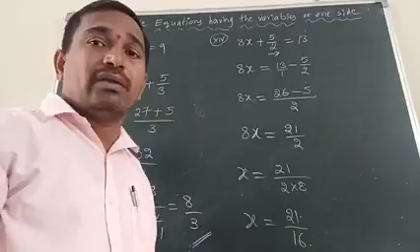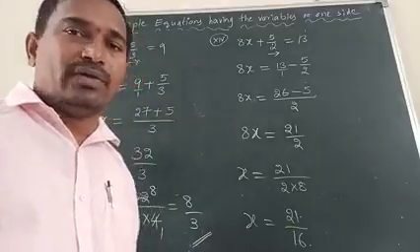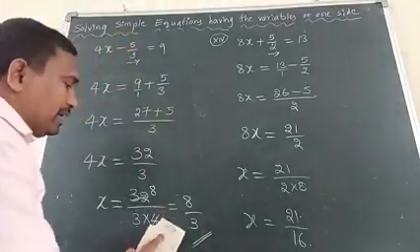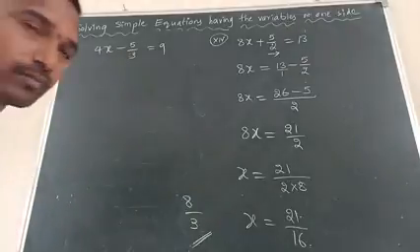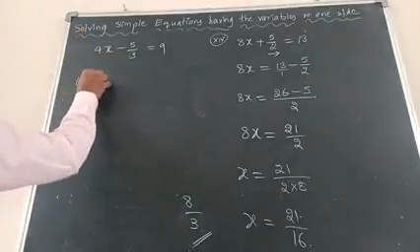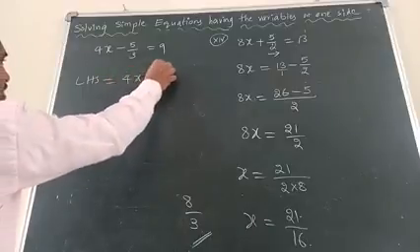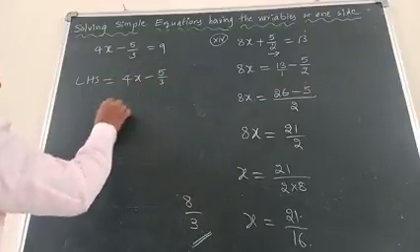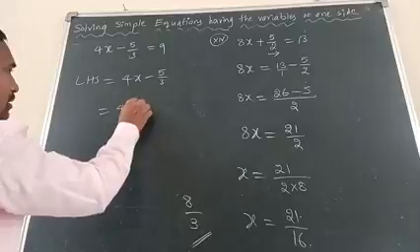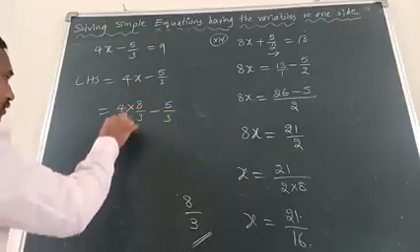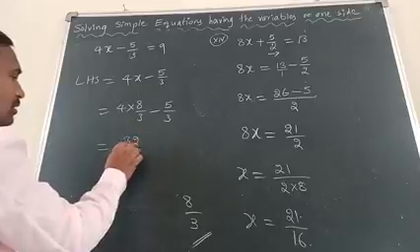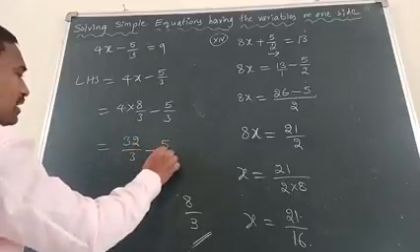Okay, this you can verify also. How can you verify? Here we got 8 by 3. Substitute 8 by 3 in the LHS. LHS is 4x minus 5 by 3. So 4 into x, 8 by 3, minus 5 by 3. 4 8s are 32 by 3 minus 5 by 3.